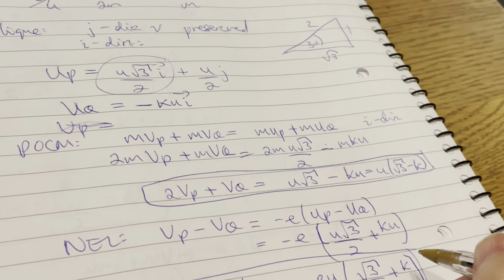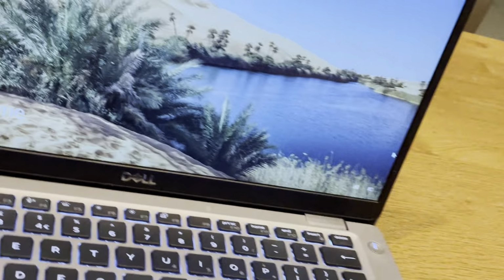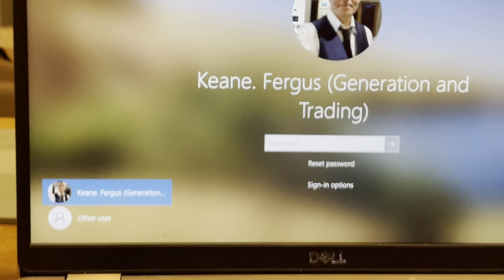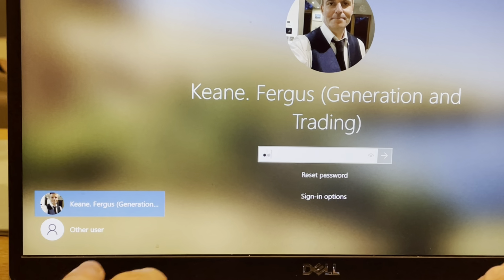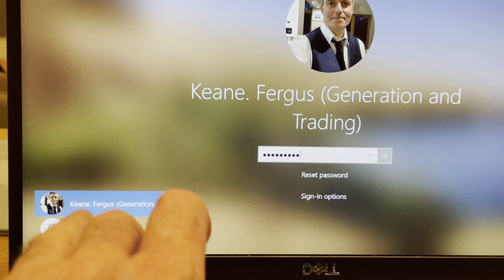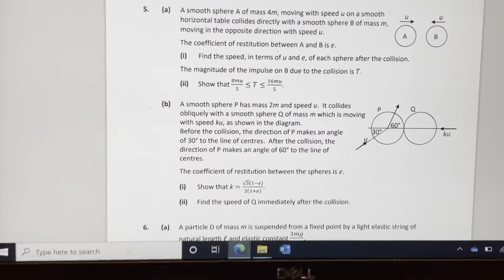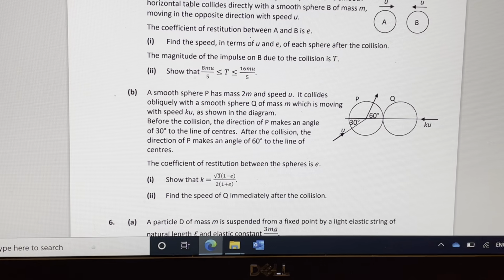All right. And what do we have to prove? Prove that K is equal to this.